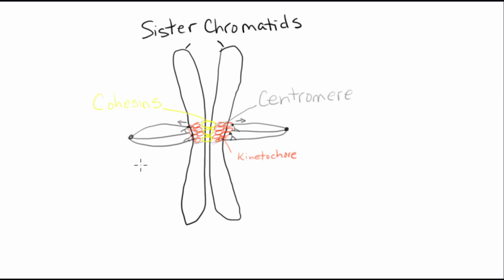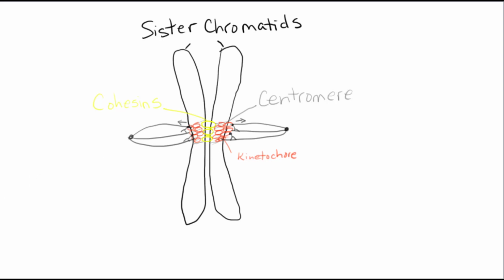The motor proteins are trying to pull these chromatids apart from one another, but they can't separate them. Why? Because those cohesins are still intact and are preventing these chromatids from being separated from one another. So essentially what you get is this tug of war where these motor proteins are pulling this way, these motor proteins are pulling that way, and nobody's really making any progress, and that generates force on the chromosomes.